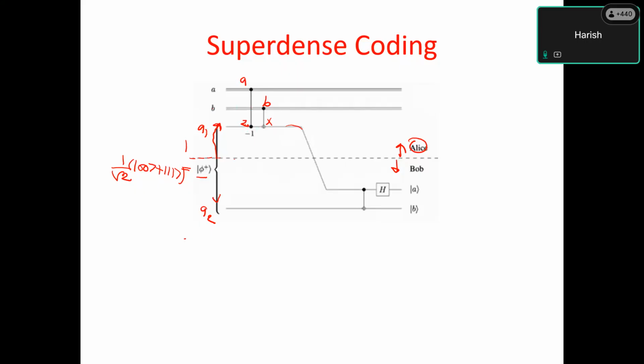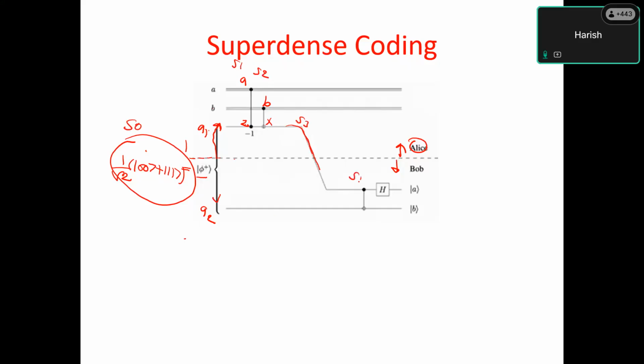Then it is sent. The initial state is that we have this kind of pair. Then in step 2 we apply the Z gate depending upon the value of A. Then in step 3 we apply the X gate on qubit Q1 if B is 1, and then we send it.